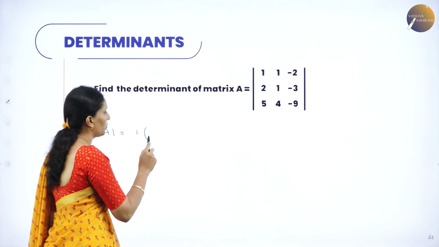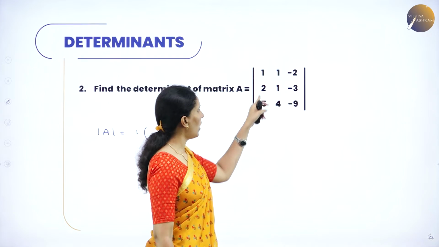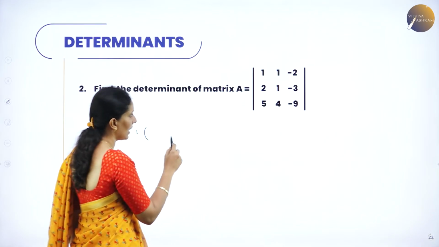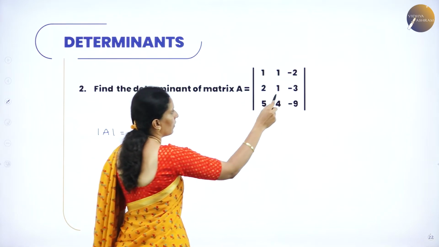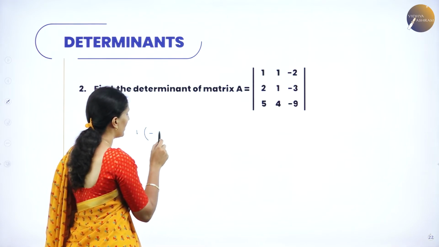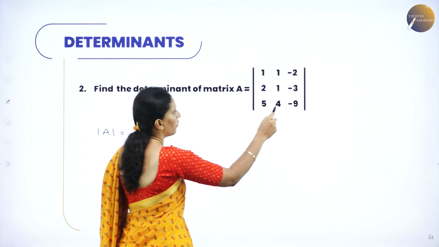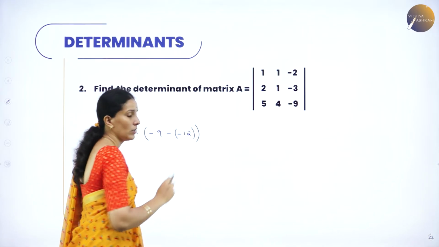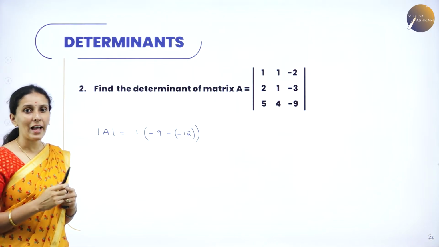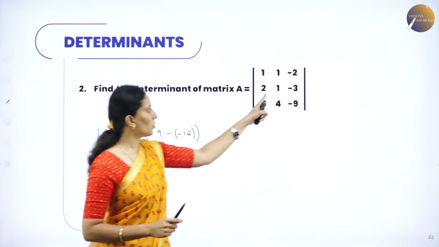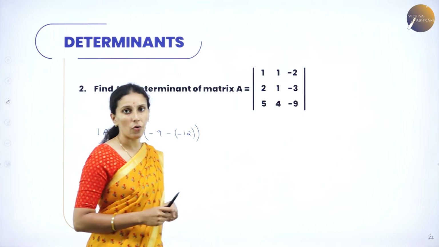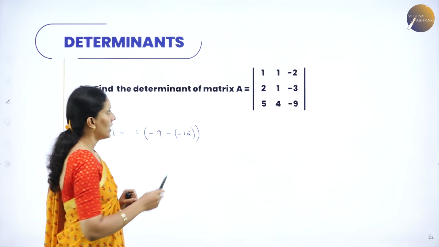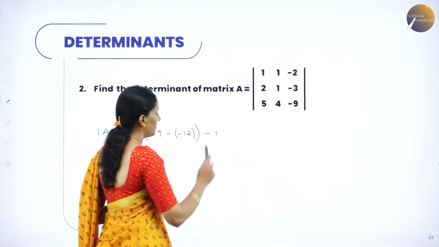So 1 into, delete the row and column containing 1, and write the remaining elements: 1 into minus 9, minus 9, minus 4 into minus 3, minus 12. You can directly evaluate the value of the 2 cross 2 matrices by deleting the row and column of the particular element.